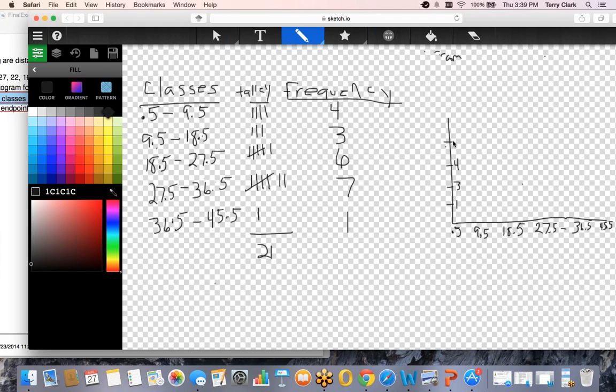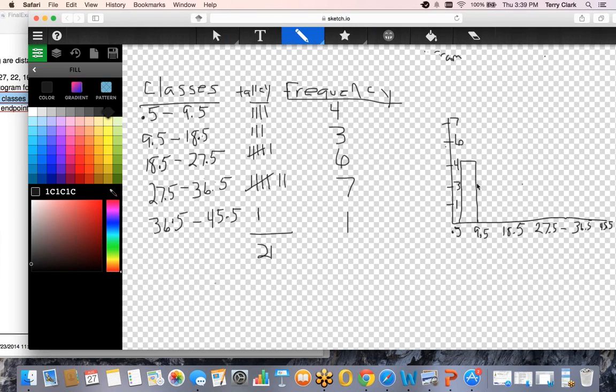I'll jack up 6 a little bit higher, and then 7. So that first group, there's 4 in between 0.5 and 9.5. So I'm going to run that all the way up to 4 and drop it right here at 9.5.